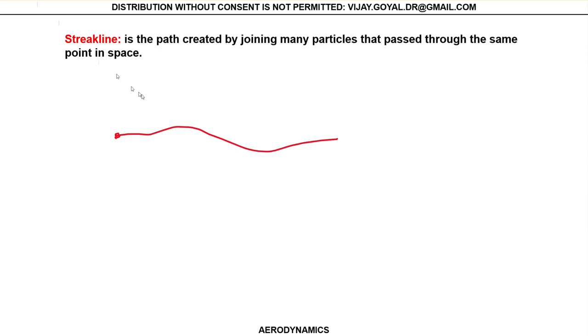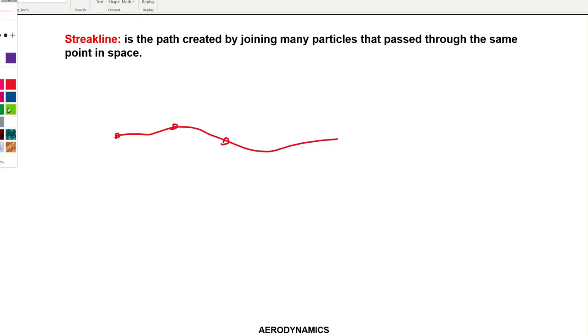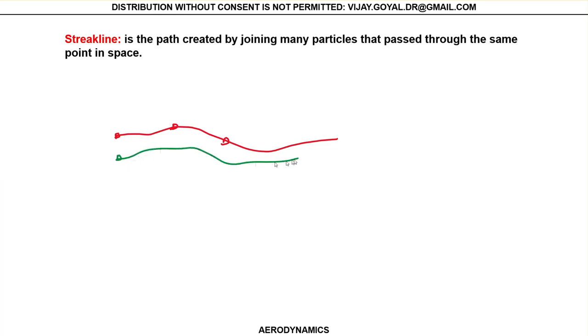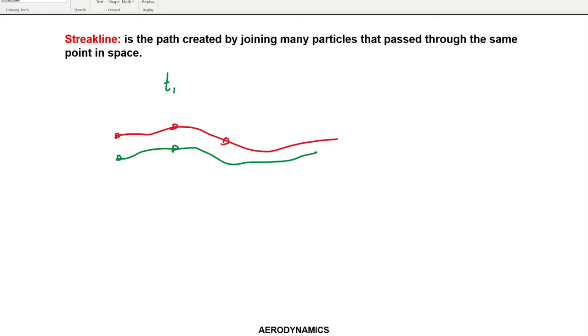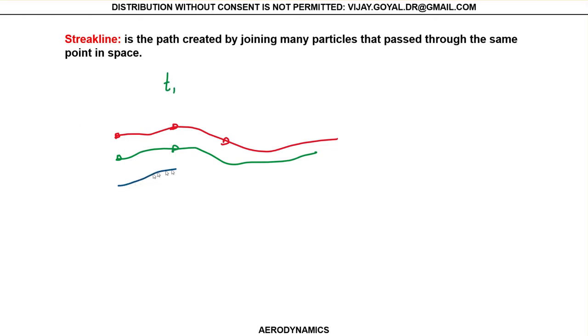It's moving here, it's moving there. Let's suppose I have another particle. This particle is also moving and is doing something like this, and this is all at time 1, let's say. I have another particle that's actually doing maybe something like this.